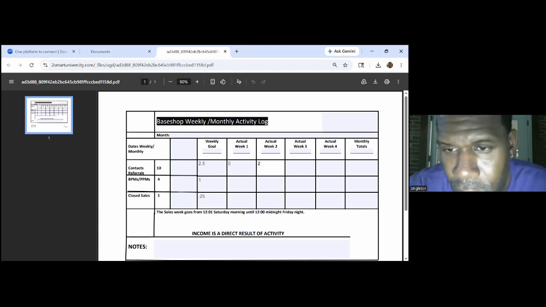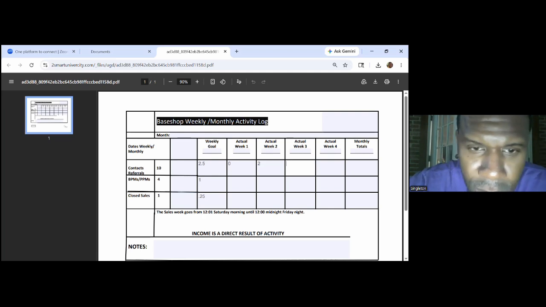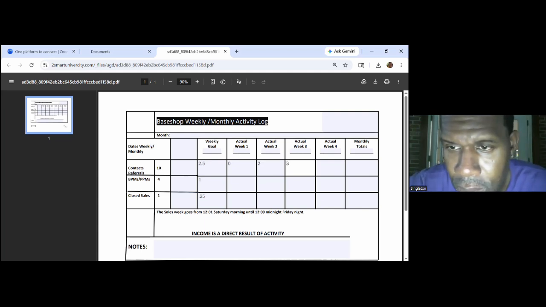Week three, we got 3. And week 4, we got 3 more people.